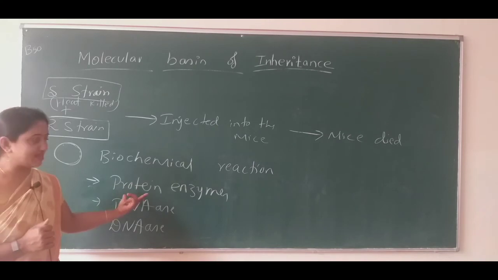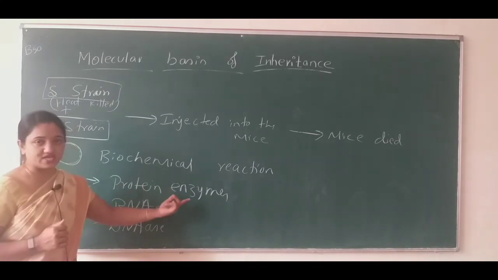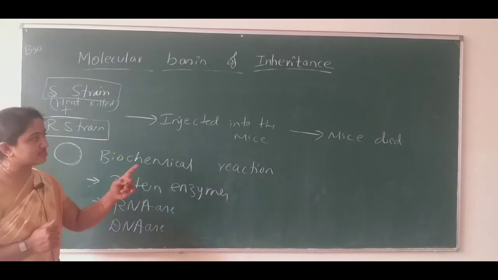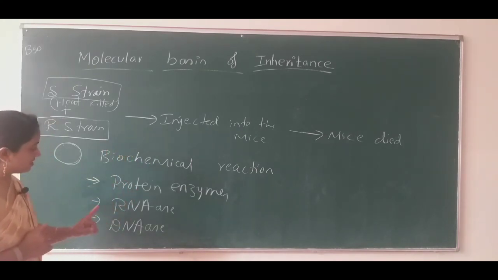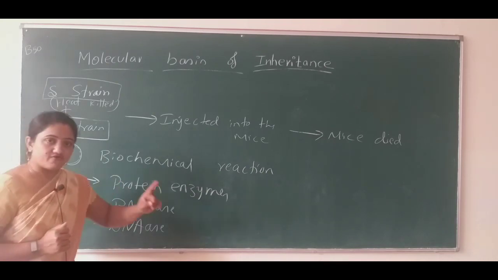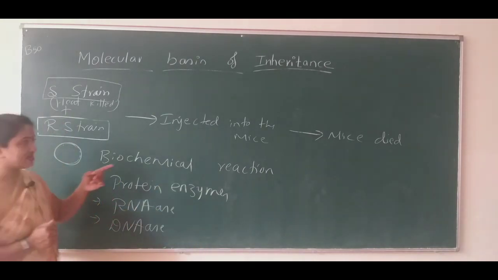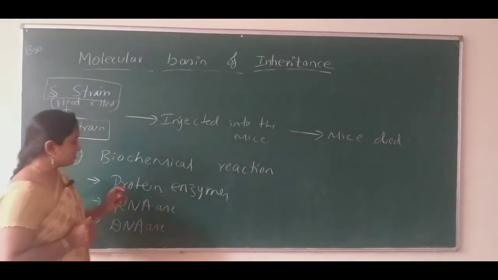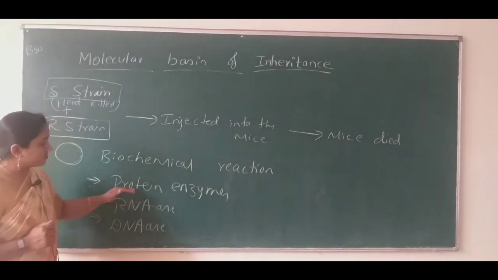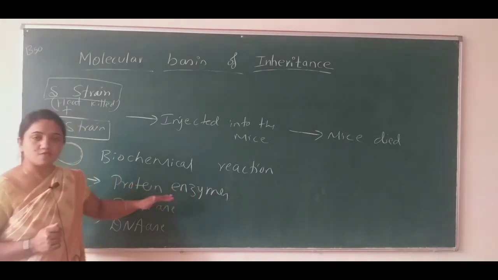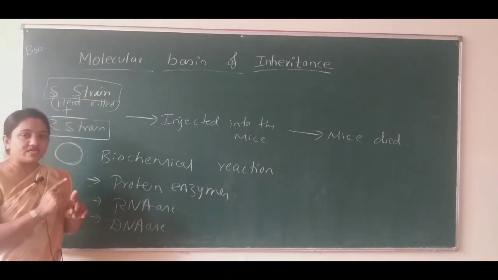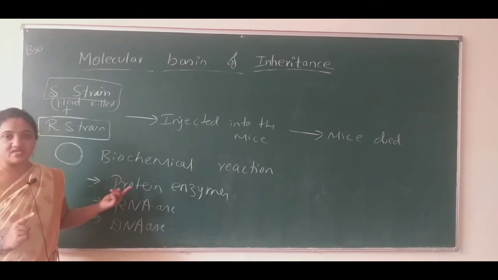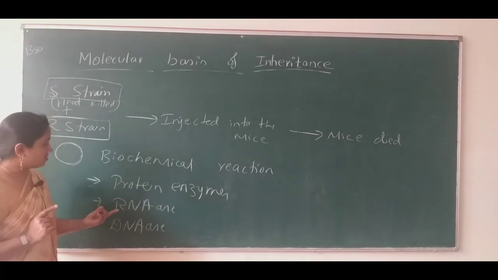What they did, they first tested for the proteins. They wanted to conclude whether it is a protein, an RNA or a DNA. To find out, they took the tissues of dead mice and subjected them to proteases, or protein enzymes. All the proteins were digested. It means the proteins were not the genetic material. They wrote the conclusion.